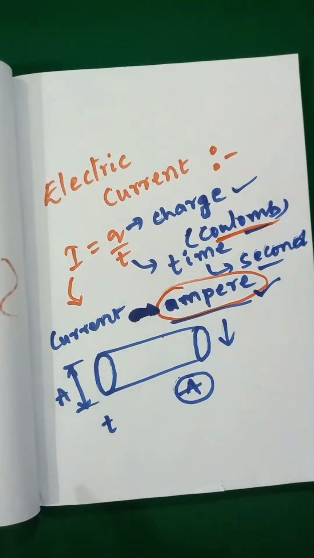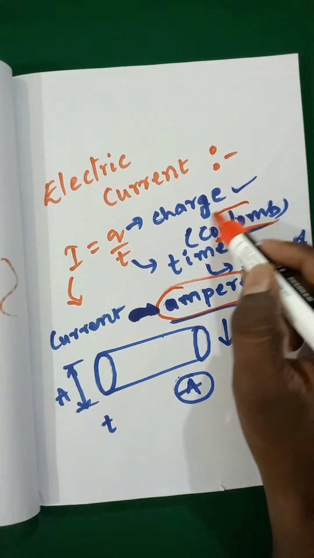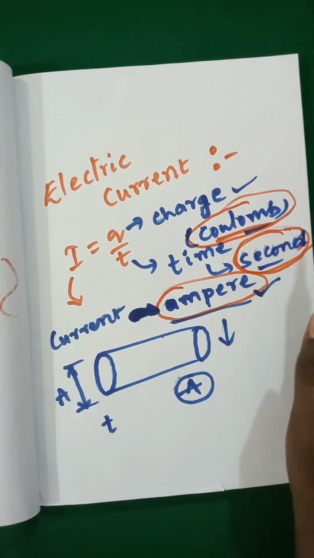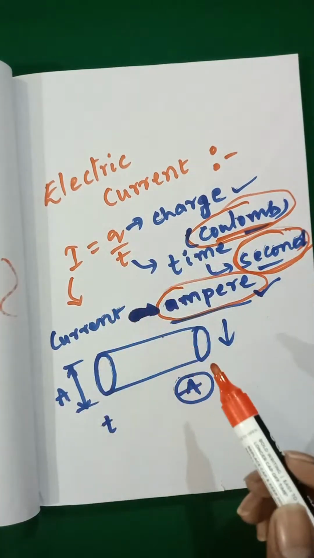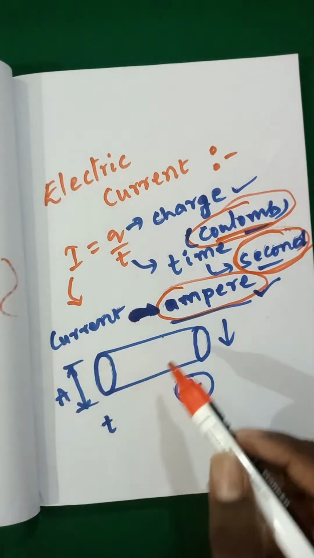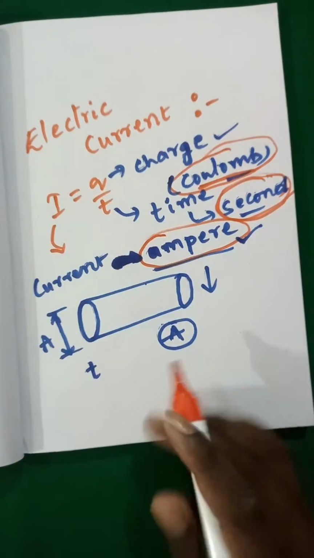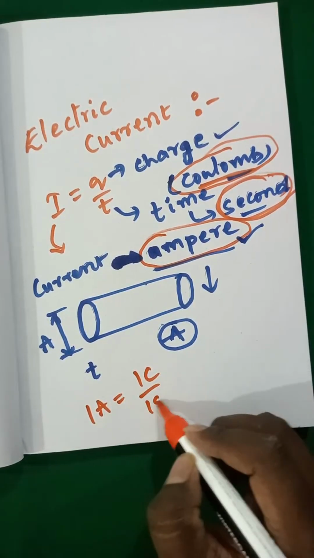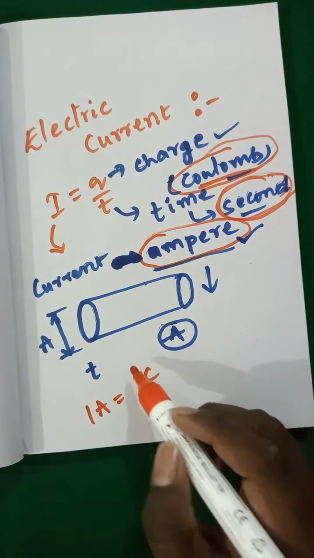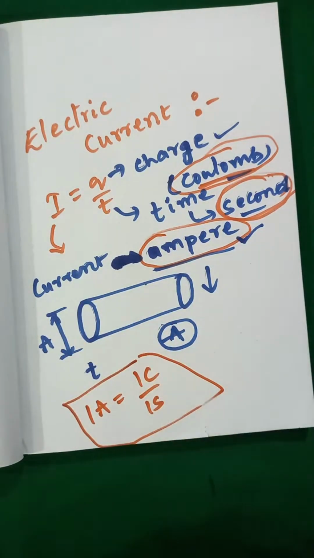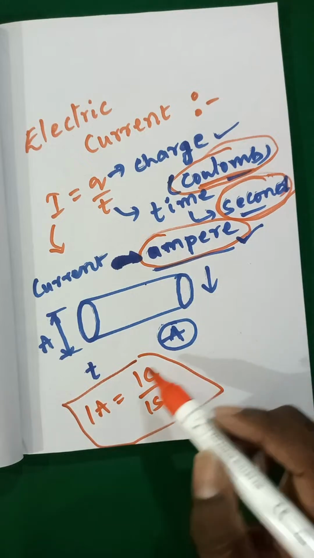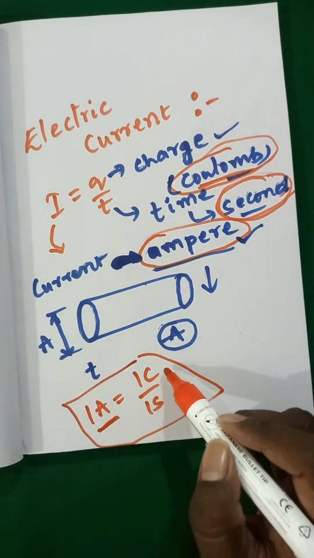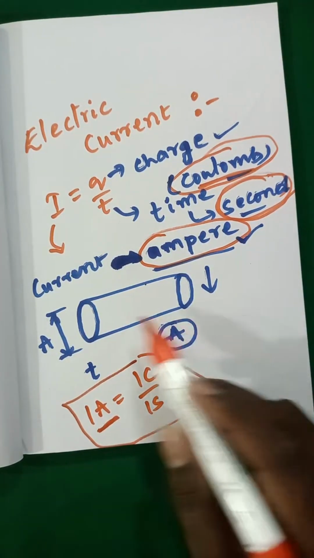When you are writing, this is the SI unit of charge and the SI unit of time. Electric current is nothing but the rate of flow of charge. So 1 ampere equals 1 coulomb per 1 second. 1 ampere is defined as 1 coulomb of charge flowing through the cross-sectional area per second.